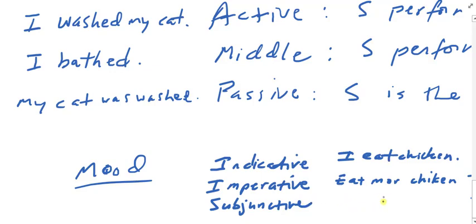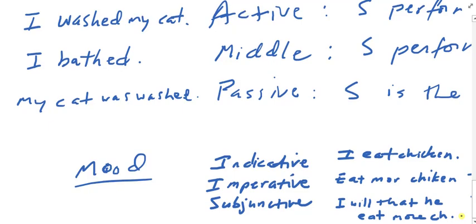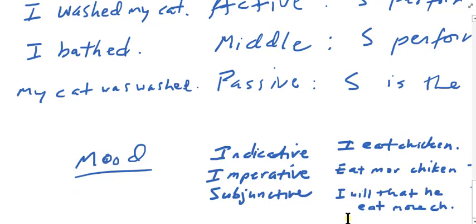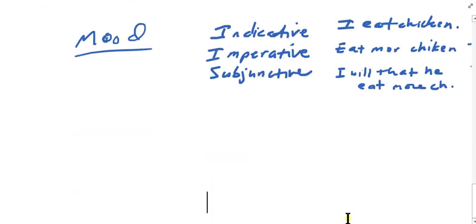So that's imperative mood. Subjunctive mood, this can be used at least in English in things like I will that he eat more chicken. Okay, I want you to notice what's just happened with my verb form. What is the normal way to say that some third person entity is in the process of doing this?